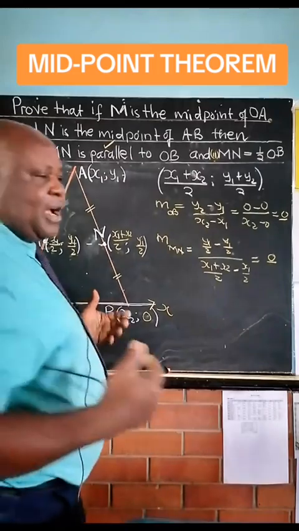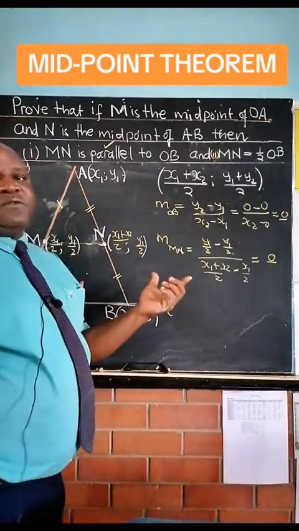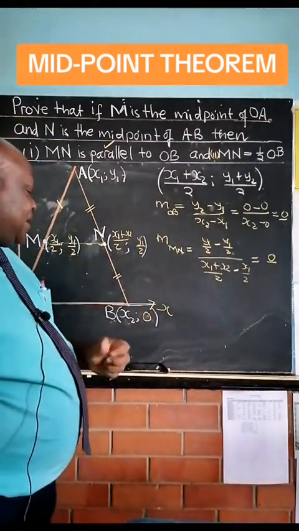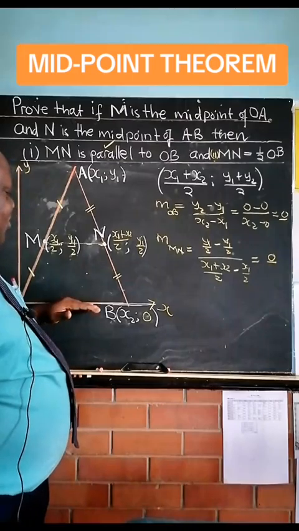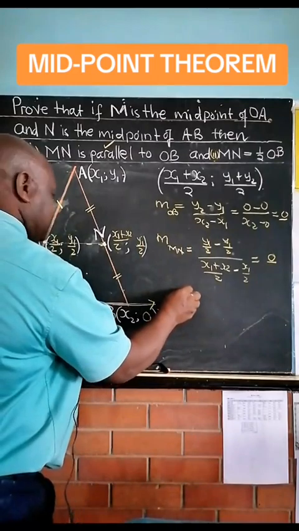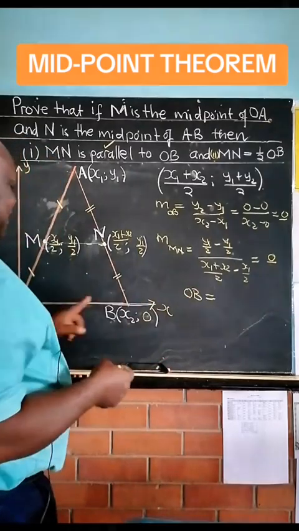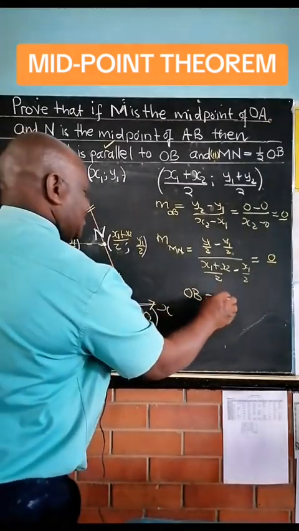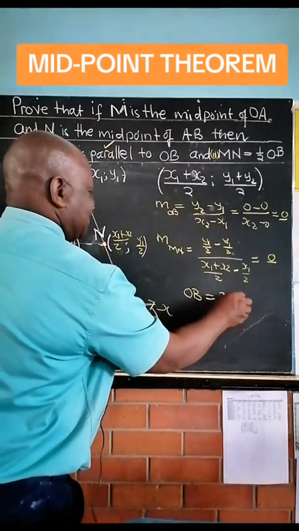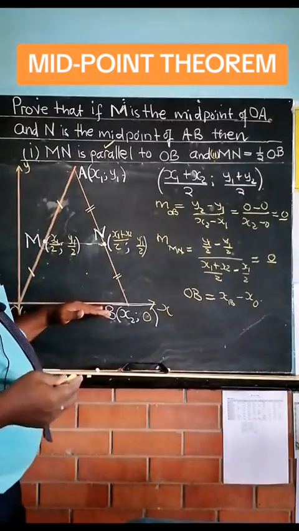So we are going to apply the distance formula, but applying the distance formula in full will be a bit cumbersome. If this line is horizontal, I'm going to find the distance of OB. This is equal to the x value at B, subtract the x value at O, because this line is horizontal.